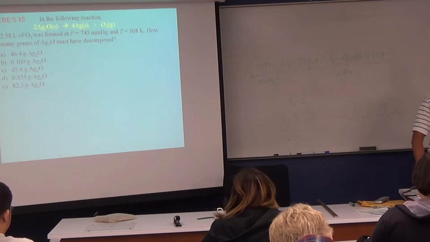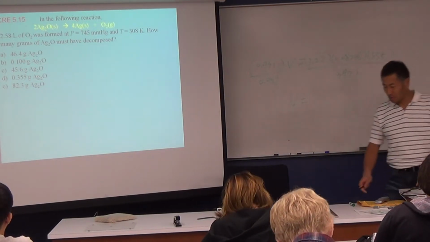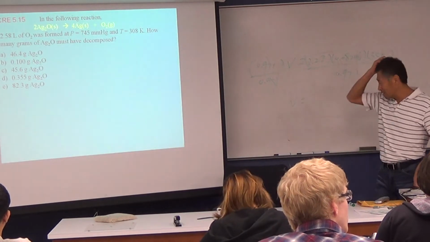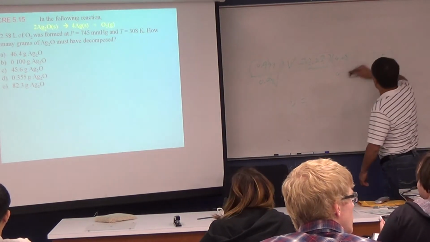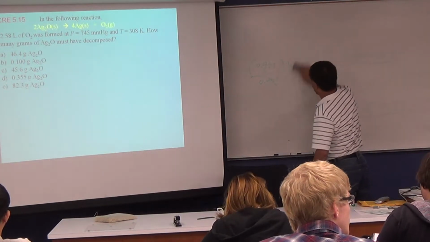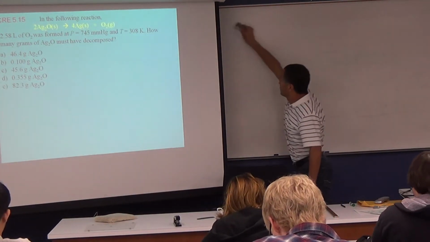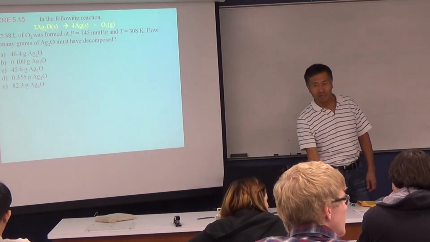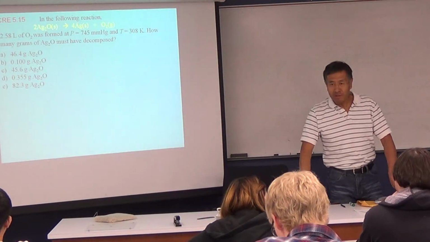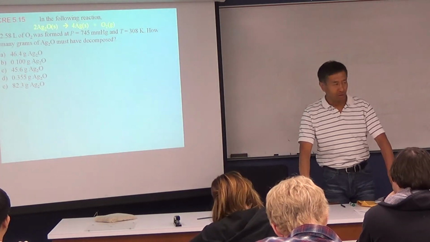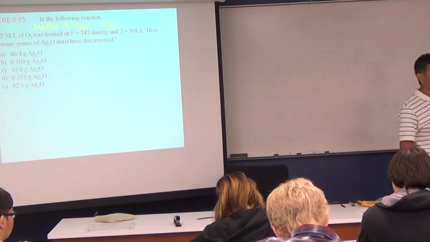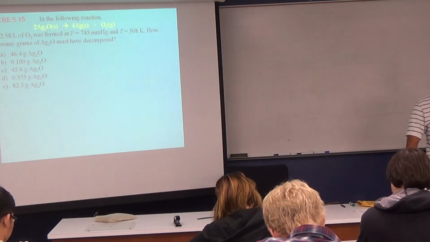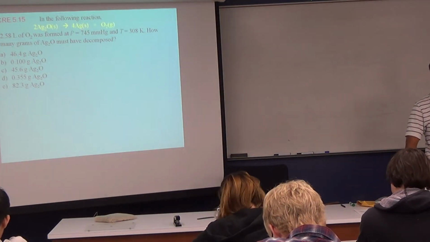So how did you get A? Anyone want to come here and write out how you get A? Anyone in here want to write out your result? So you get A, maybe?